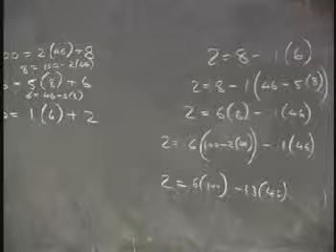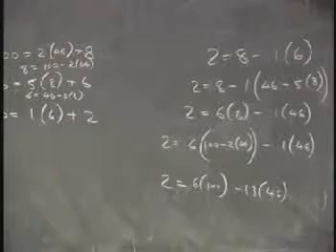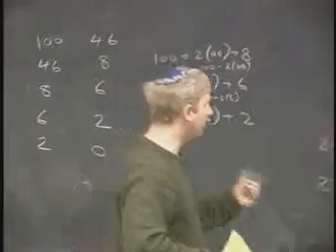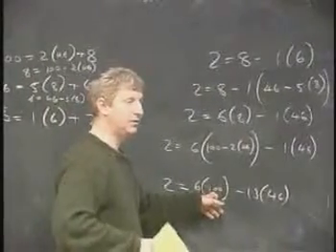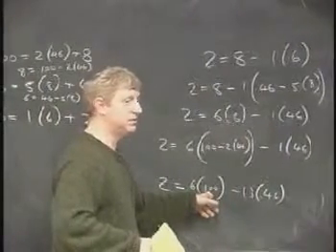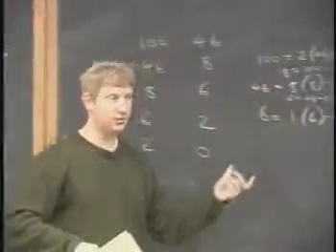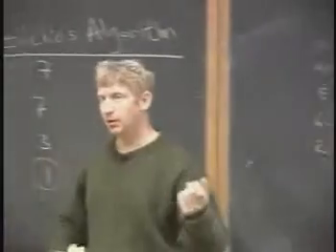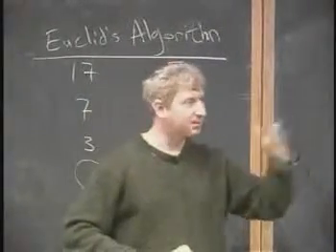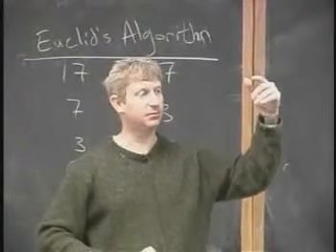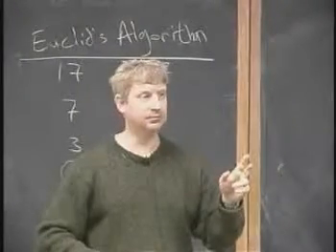So what do you think, Joe? What do you think about your question before? You asked before when we did 17 and 7 whether the smaller number always appears in the positive constant. Right, it's not true. It's not necessarily true. Right, everyone see that it's switched here? Maybe if you have an even number of steps, the smaller one's first, and if you had an odd number of steps, the smaller one's second.